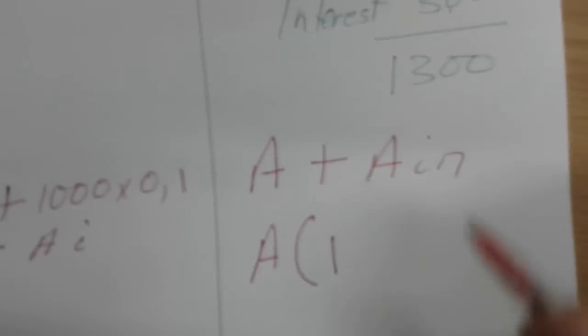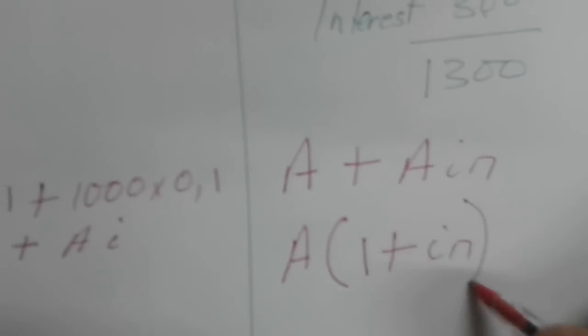Right? Now if we go back to the maths that we did at grade R, yes, you heard me right, grade R, right? We factor out A, right? And then A into A is 1. Then A into Ain is in. There you go.